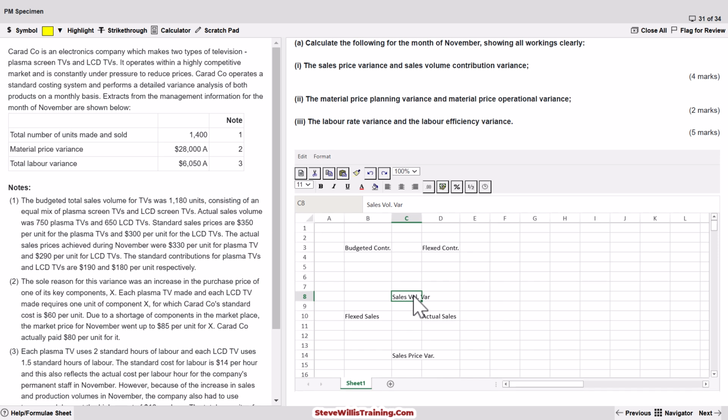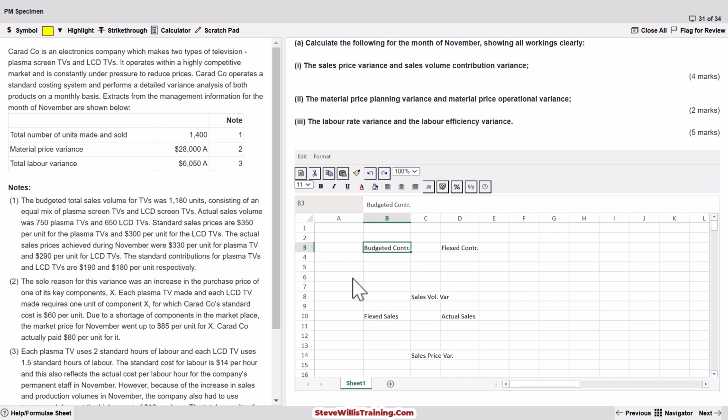The sales will change, but our variable costs will also change. So if we sell fewer units, we'll have lower sales, but we'll also have lower variable costs. So the net effect of selling a different number of units is a change in contribution. That is why we're using contribution here.